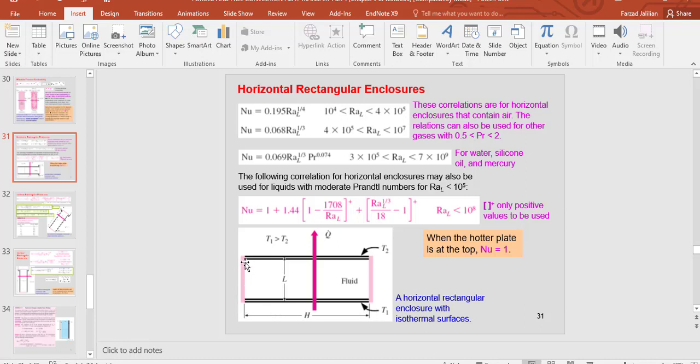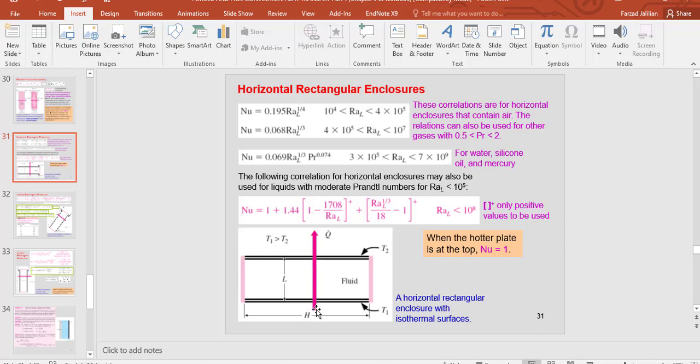The enclosure here is a horizontal rectangular enclosure, and it has two surfaces with different temperature, and also the surfaces are isothermal, and the temperature of the bottom surface is higher than the top surface, T1 higher than T2.